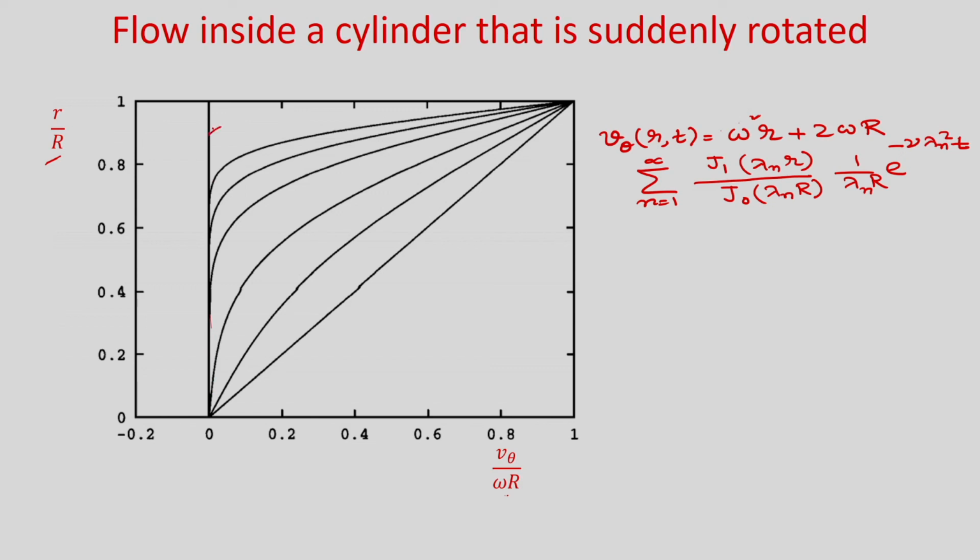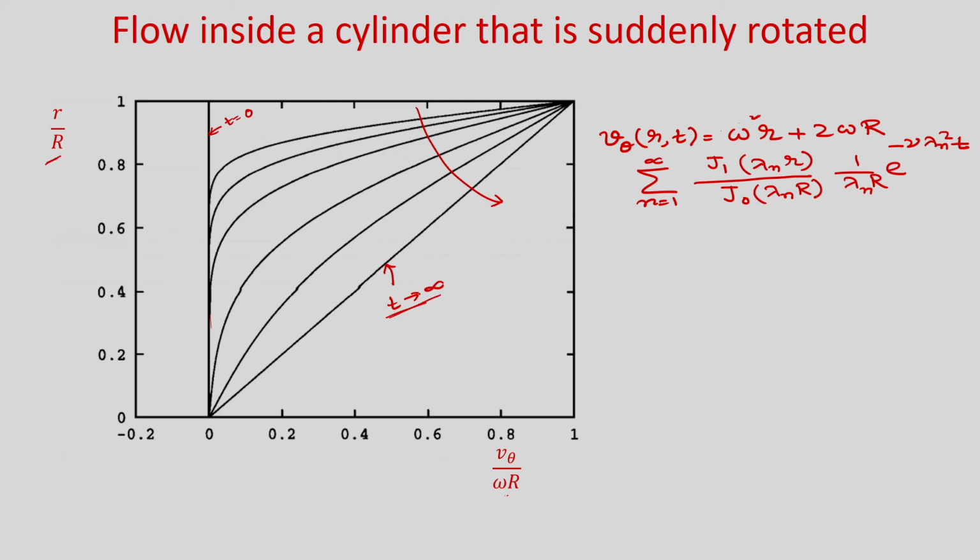Gradually it is evolving with time, and at t tends to infinity, at larger time, you will get the steady solution. It is a linear profile because it is omega into r, so from the center line to r is equal to R you will get a linear velocity profile at larger time.